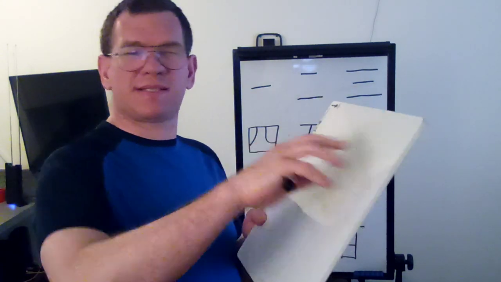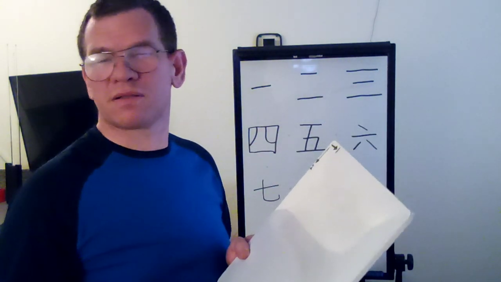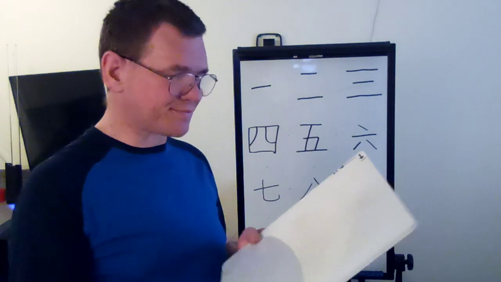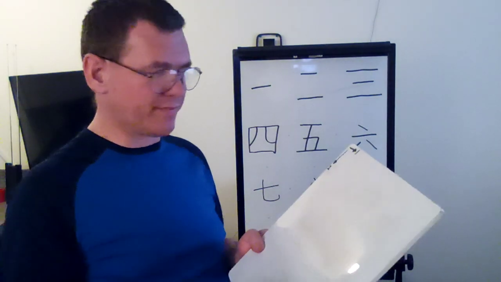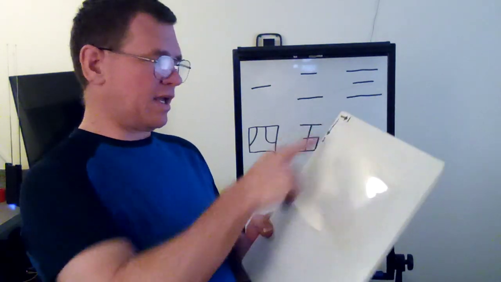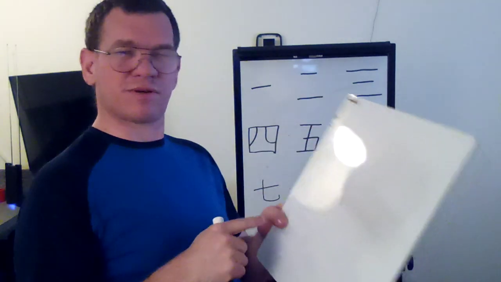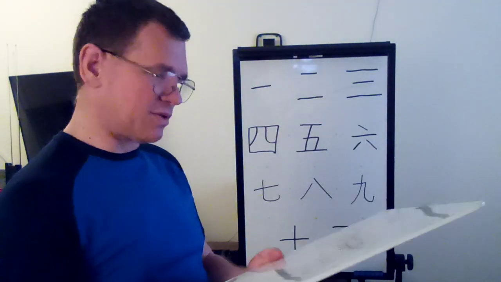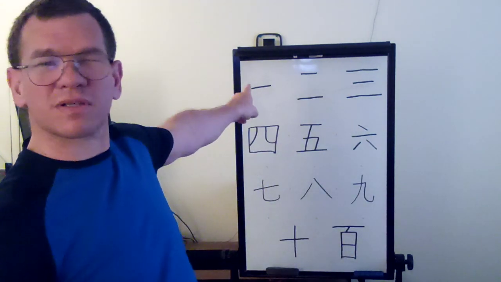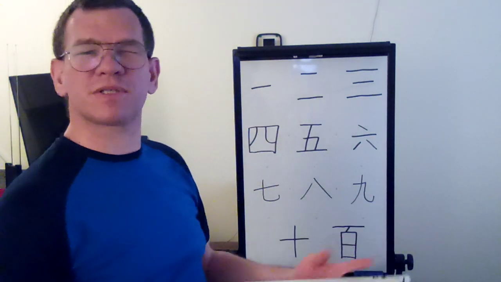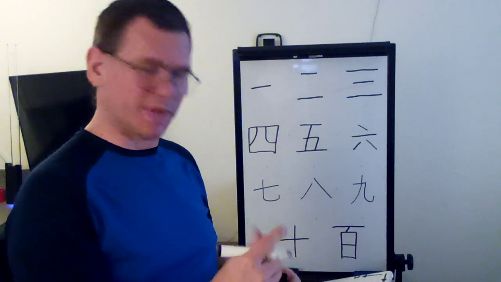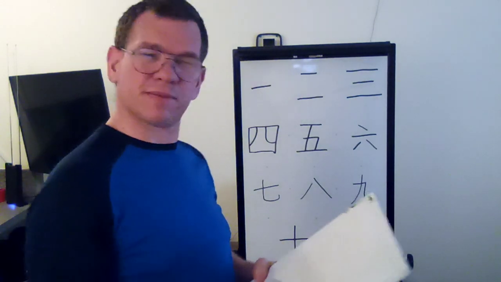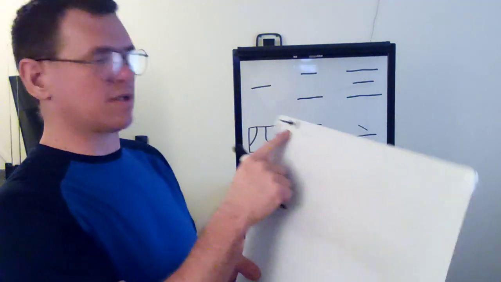I'm going to think about this as graph paper, but this is one box. If it's one stroke, like the number 1, then I'm just going to draw it through the middle. So let me show you how the stroke order works.